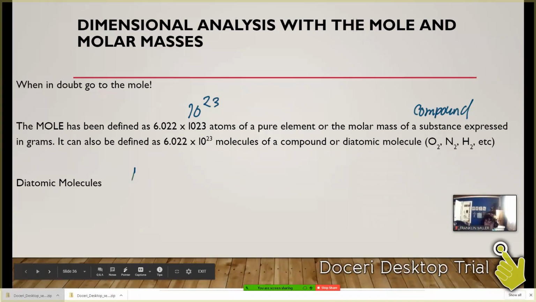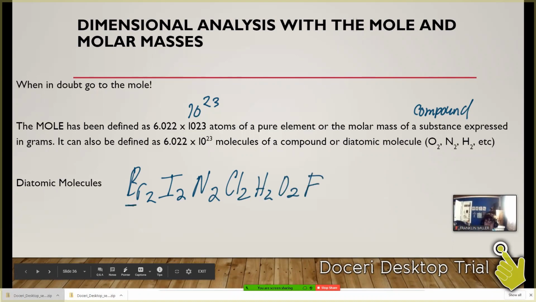The diatomic molecules are bromine, iodine, nitrogen, chlorine, hydrogen, oxygen, and fluorine.